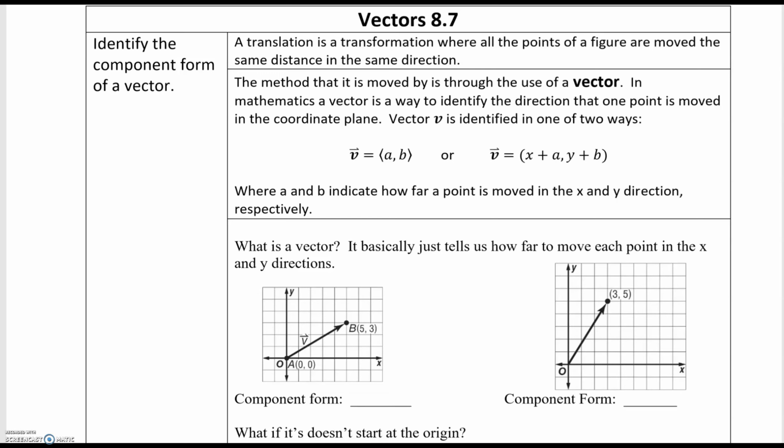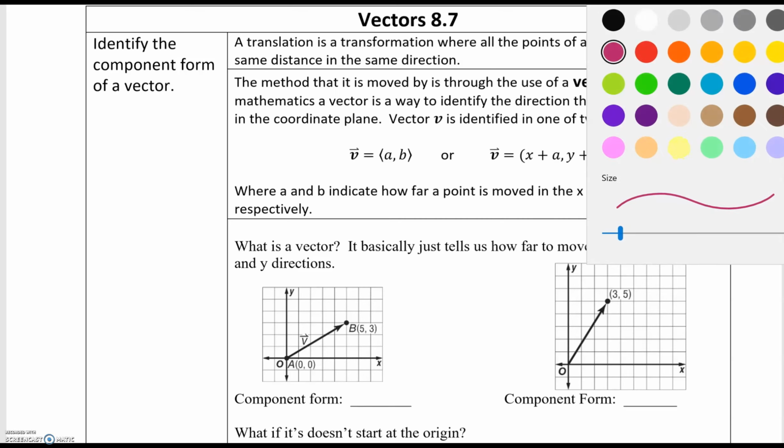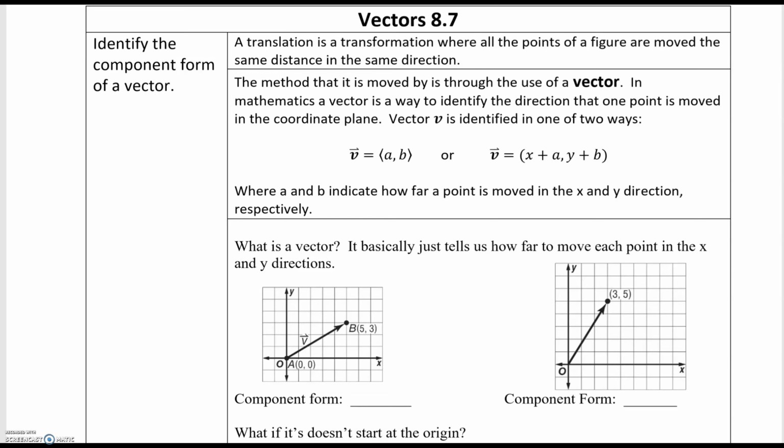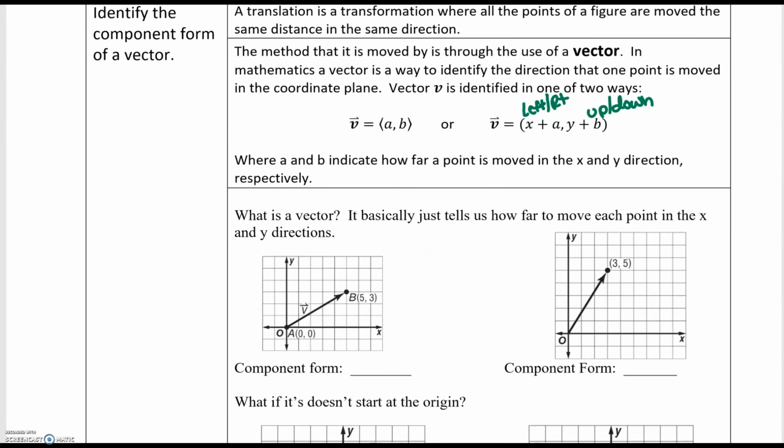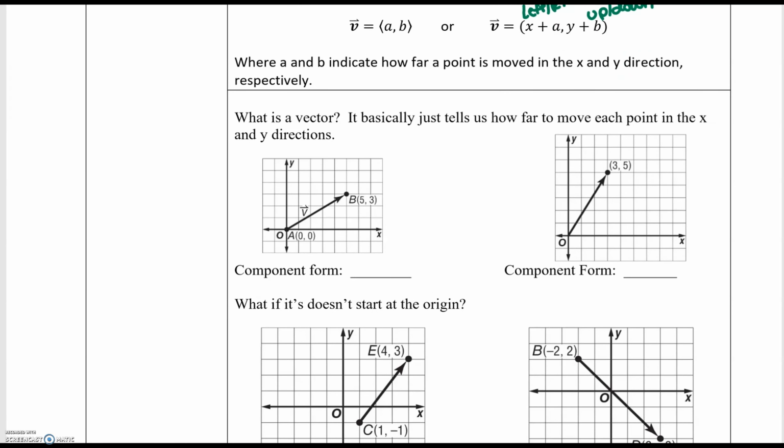And the second term, B, is what is added to the Y, and that is moving it up or down. So I like to write that: this is left/right, and this is up/down. Okay, so A and B indicate how far the point is moving in the X and Y direction.